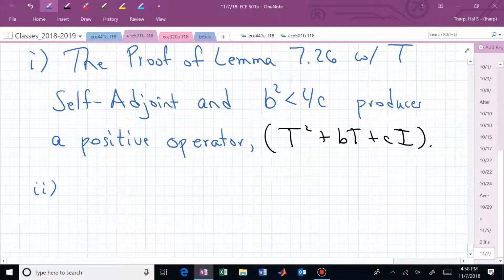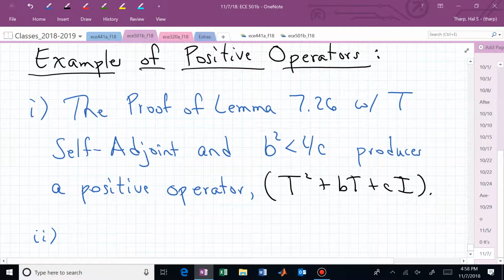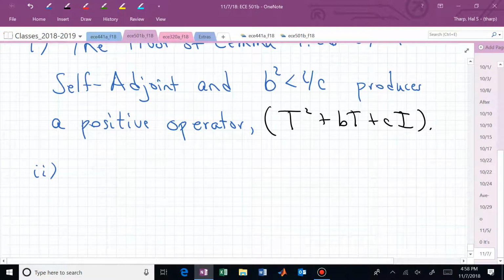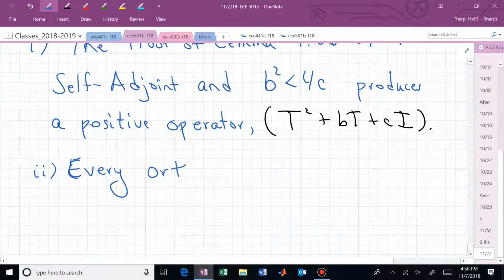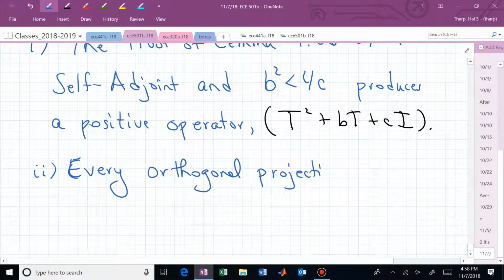What's another example of a positive operator? Every orthogonal projection is positive.